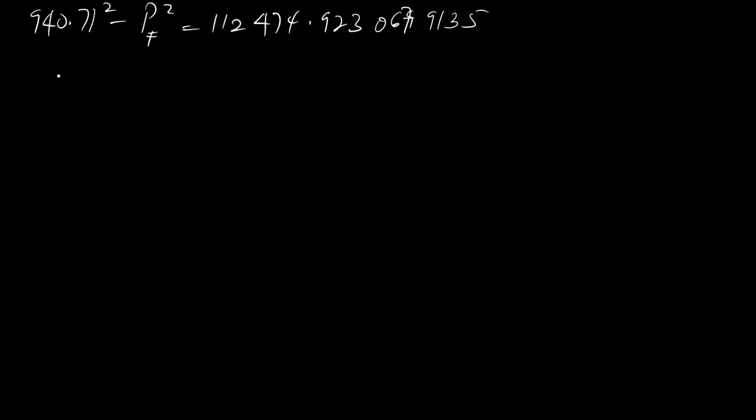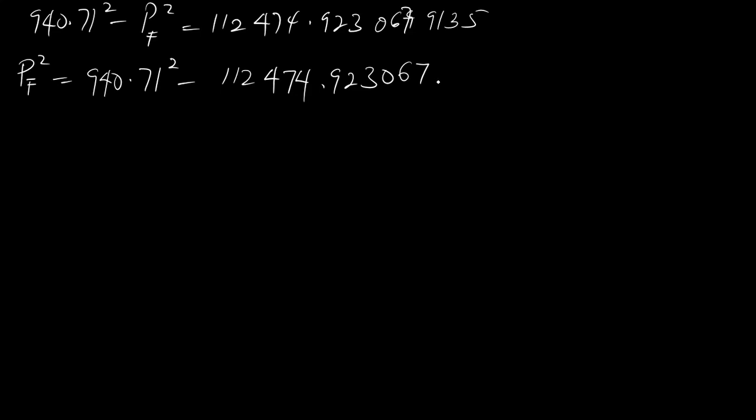Now rearranging this, making pressure at F square subject of formula, you have PF square will now be 940.71 square minus 112.474.923.067.9135.